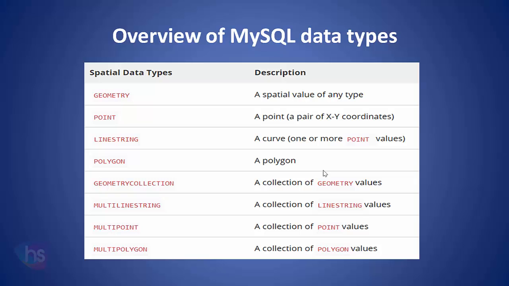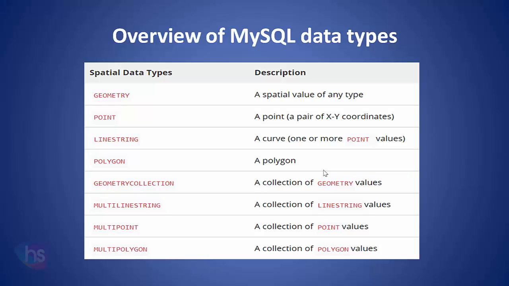And now special data types, which only MySQL supports. Geometry, a special value of any type. Point, a pair of x and y coordinates. Line string, a curve. Polygon, a representation of the coordinates. And geometry collection, a collection of geometry values.